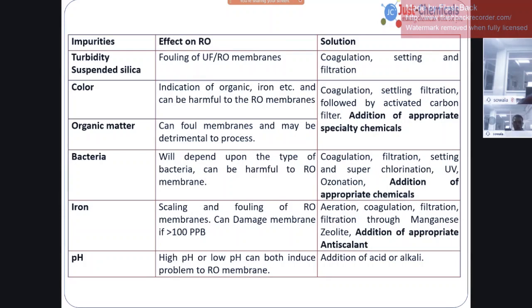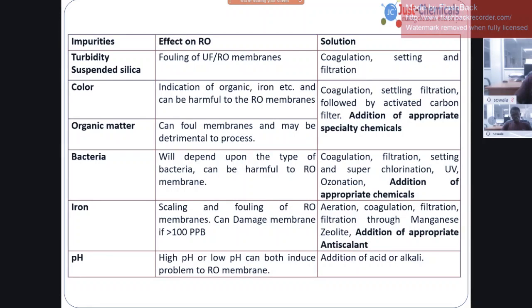What is the solution? Very good coagulation, settling, and filtration, followed by activated carbon and addition of appropriate specialty chemicals like a good flocculant will help us to reduce this organic matter in the clarification or pre-treatment stage itself. Then comes bacteria.